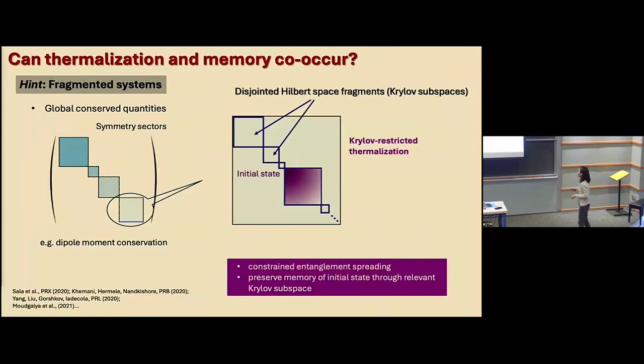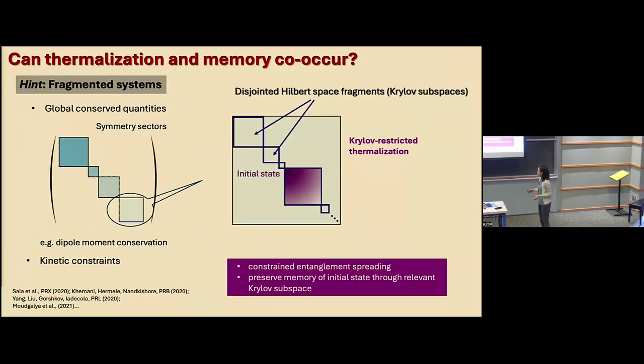When you allow it to thermalize, the entanglement is constrained to only spread within this given Krylov subspace. This is known as Krylov-restricted thermalization. So you should get actual thermalization happening within the Krylov subspace, but somehow you can still preserve some memory or some characteristics of the initial state by identifying in which Krylov subspace this thermalization had occurred.